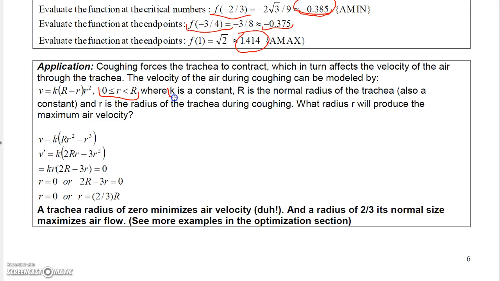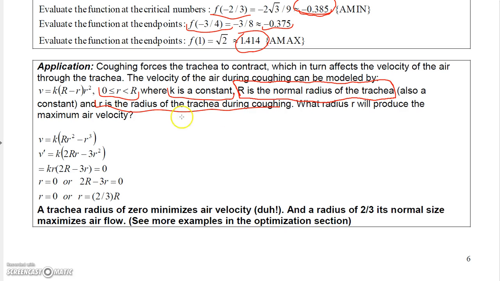Now I told you K was a constant. R is the normal radius of the trachea. If this was you we were talking about, whatever your normal trachea radius would be, that's what R would be. So R is also a constant. It just depends on who we're dealing with. And little r is the radius of the trachea during coughing.